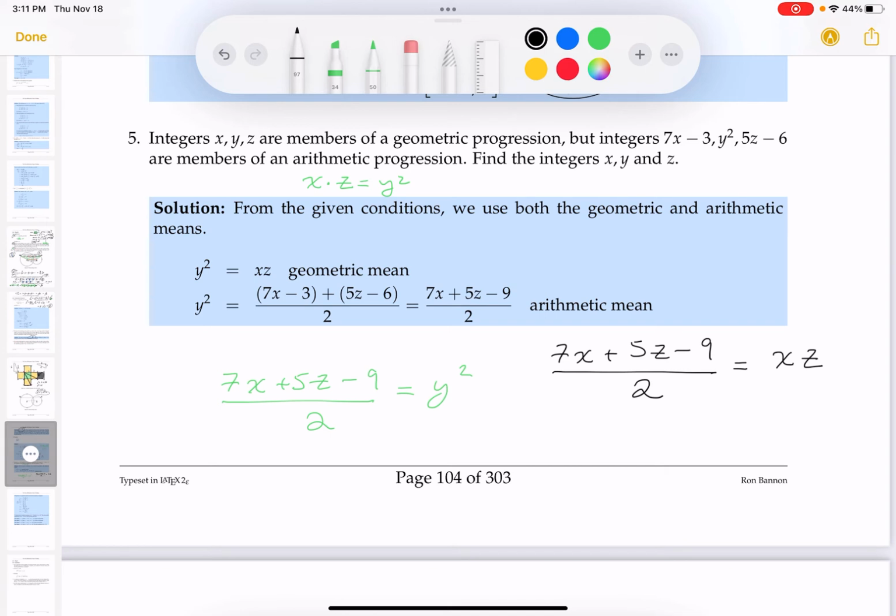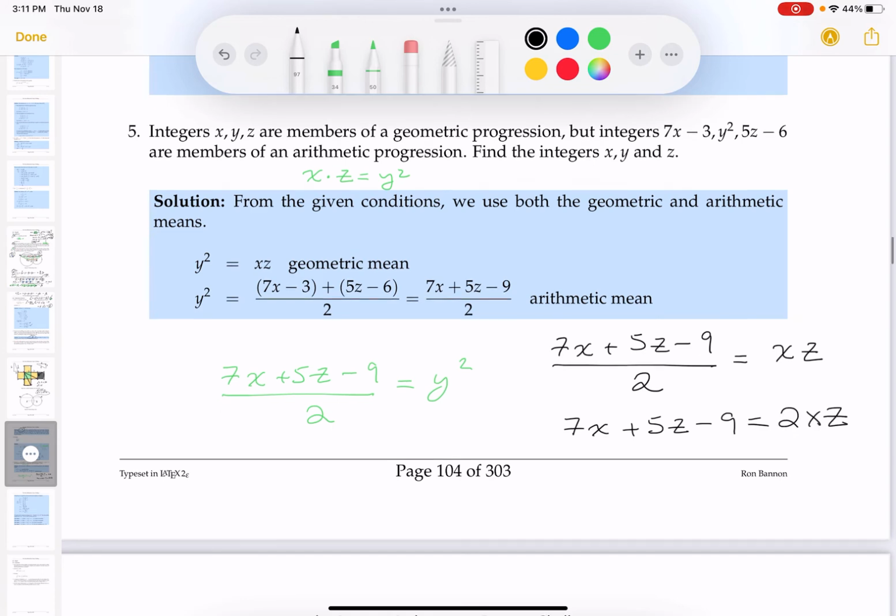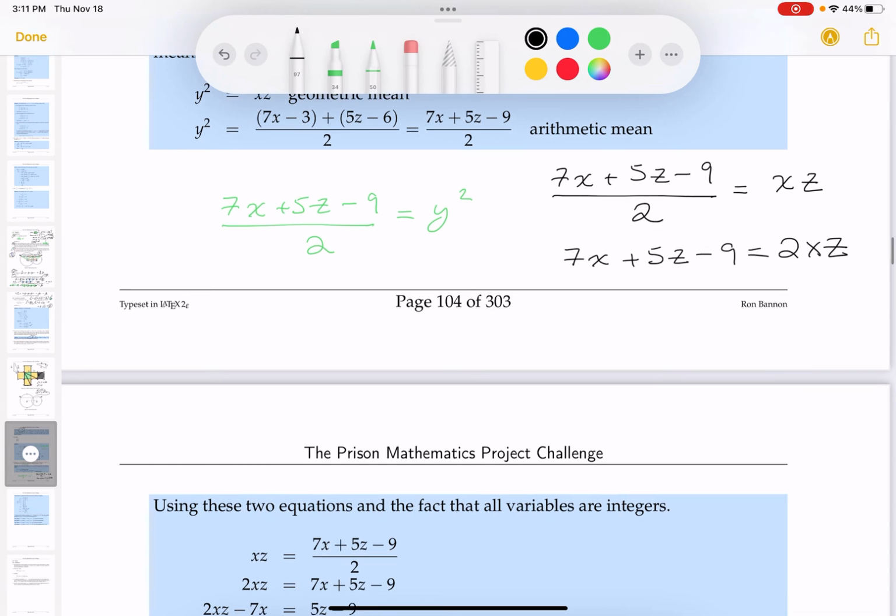Let's take a look. The way I'm going to do this, I'm just going to rewrite it. I've got 7x plus 5z minus 9 equals 2xz. All right. Let's see what we're going to do over here now.